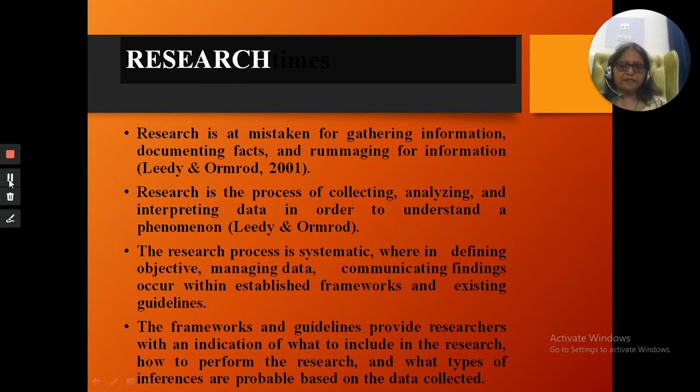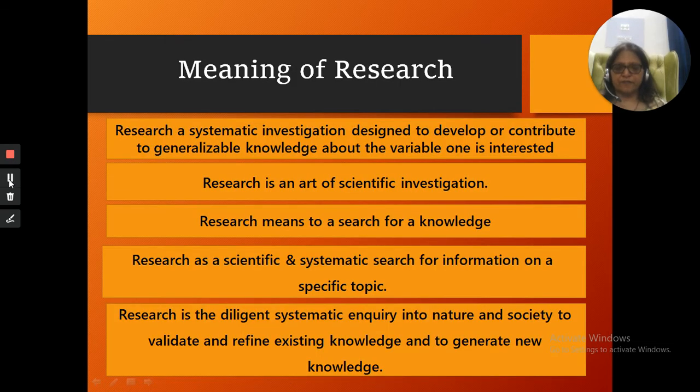Now, these are the definitions of research given by authors. From these definitions, what did we find out? We find that research is a systematic investigation. It is an art of scientific investigation. It means we are trying to search for a knowledge base, either a new knowledge base or to strengthen the already existing knowledge base.